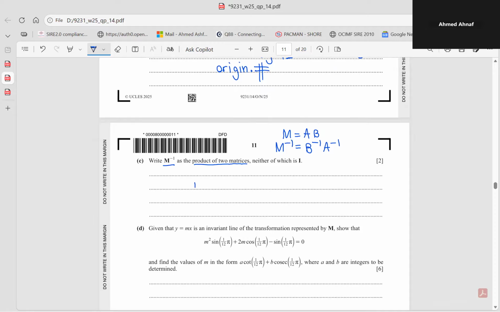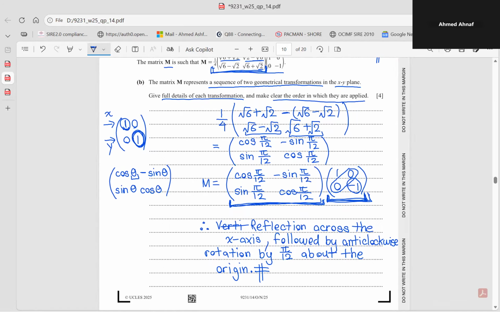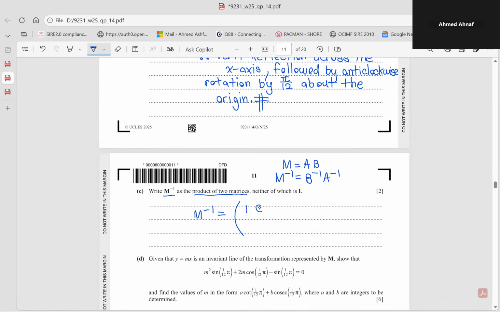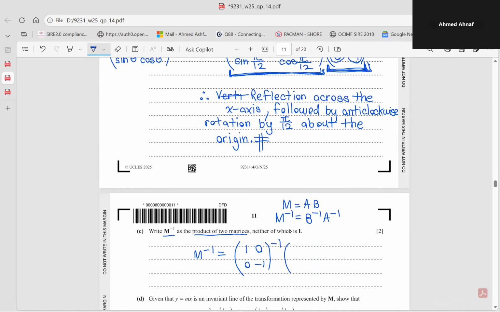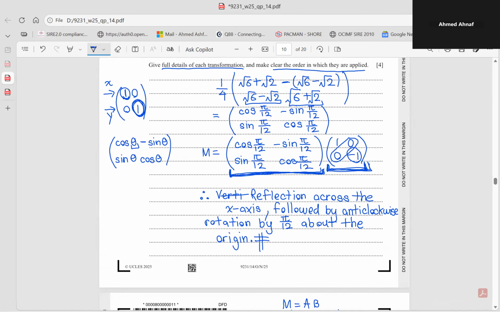So therefore, we can just write M inverse equals, so B inverse is going to be this 1, 0, 0, -1 inverse. We don't have to exactly work out what it is because they didn't give us enough space for that. And A inverse is going to be the first matrix in terms of cosine pi over 12 and sine pi over 12.